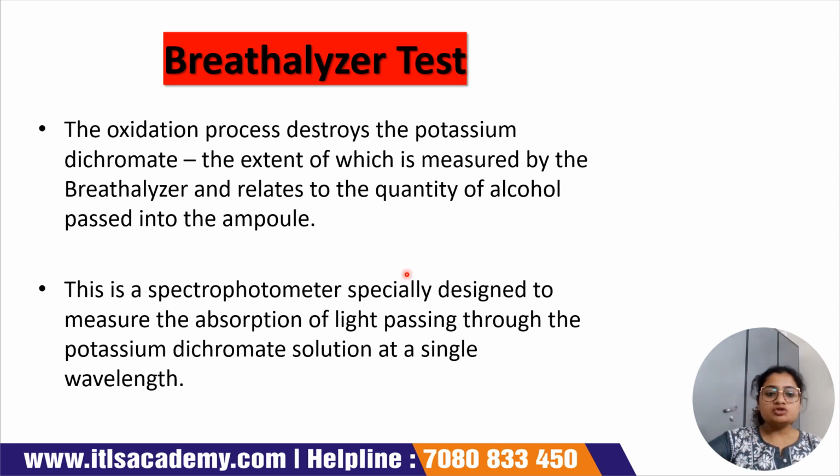After this oxidation, the potassium dichromate is destroyed, the extent of which is measured by the breath analyzer and relates to the quantity of alcohol passed into the ampule. The extent to which potassium dichromate is destroyed by the formation of acetic acid is directly proportional to the amount of alcohol present in the original alveolar breath sample.